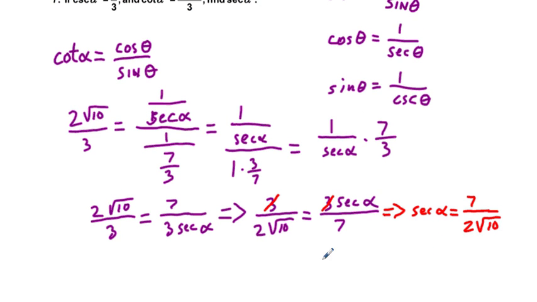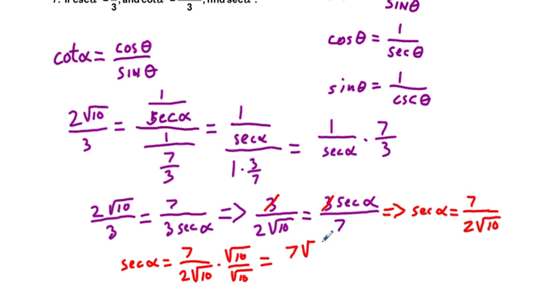But if we go ahead and rationalize the denominator, secant alpha equals 7 over 2 square root of 10 times square root of 10 over square root of 10, we get 7 square root of 10 over 2 times square root of 10 times square root of 10, which is 10.